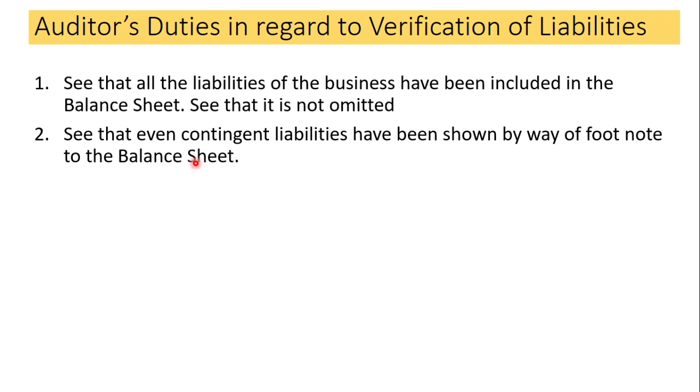Next, see that even contingent liabilities have been shown by way of footnote in the balance sheet. Even if there is a contingent liability which may occur on the happening or non-happening of some event, such liabilities should also be included. For example, preference dividend is a contingent liability.